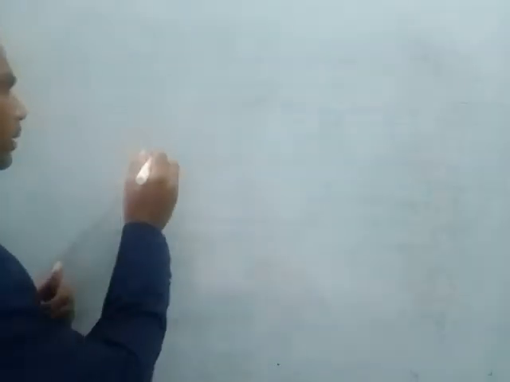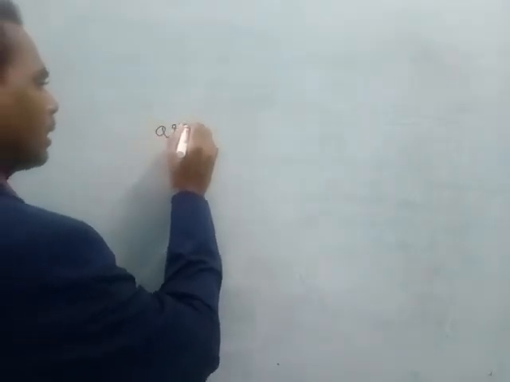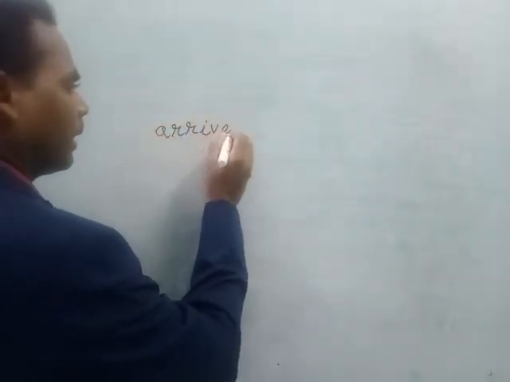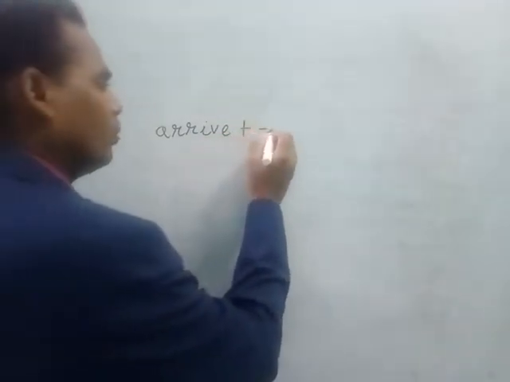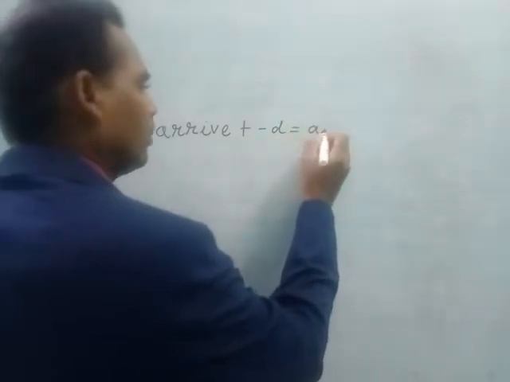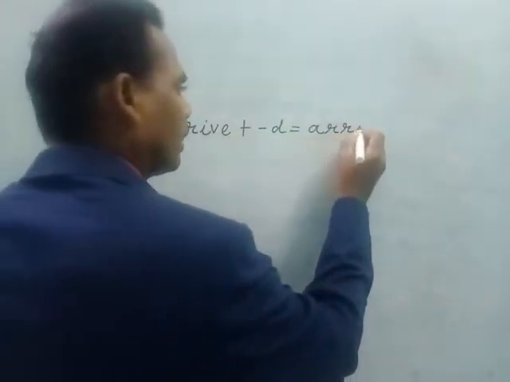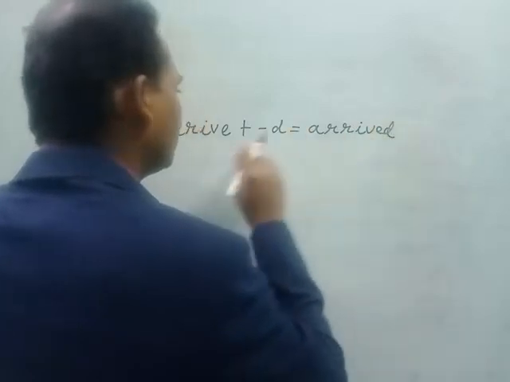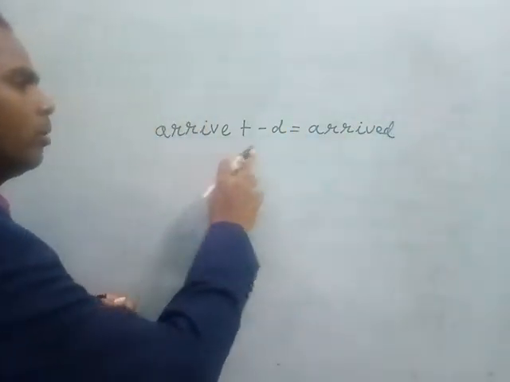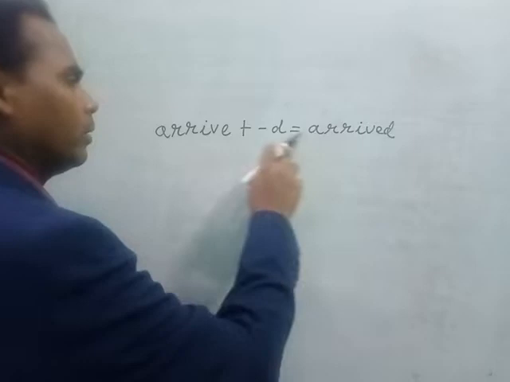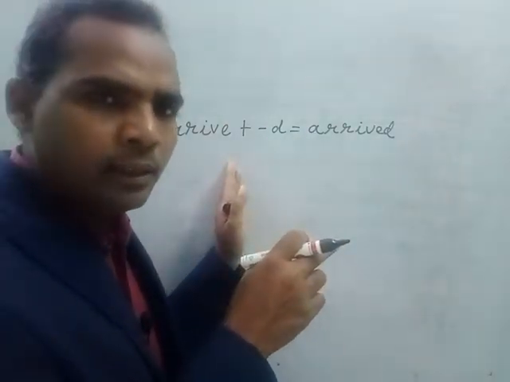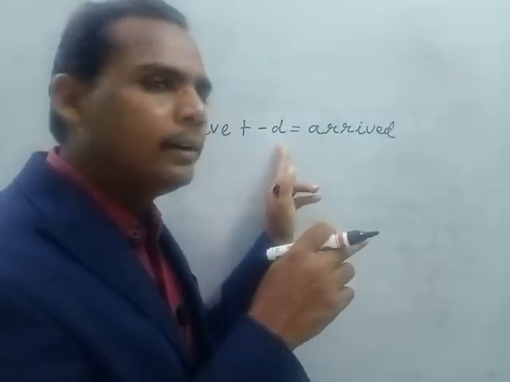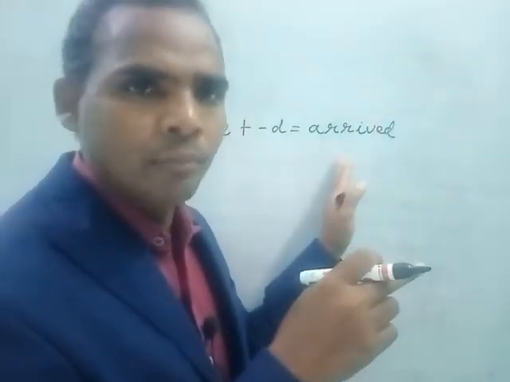Suppose arrive, A-R-R-I-V-E. This is the word arrive. Plus only if you add D, it is now arrived, A-R-R-I-V-E-D. This is the maker of the past form. So arrive, if the verb ends with E, you have to add only D. This is the regular verb.